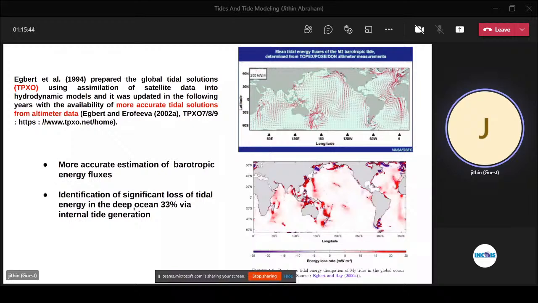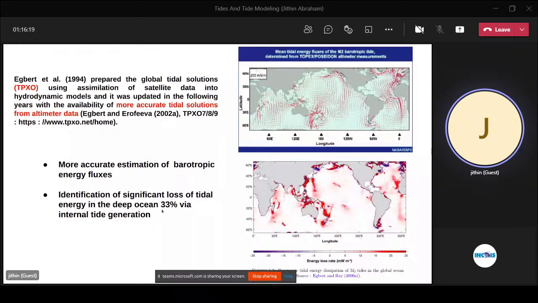One of the other important results, a significant advance in tidal research, was the identification of tidal energy loss in the open ocean. Earlier it was believed that most of the tidal energy is dissipated by bottom friction in shallow areas and shallow bays. But using the satellite data, Egbert and Ray identified significant loss of tidal energy in the deep ocean.